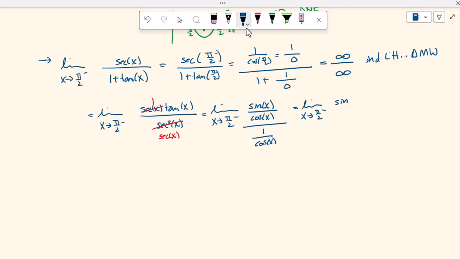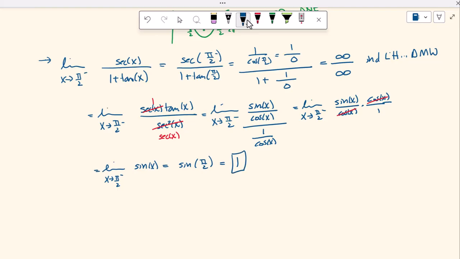So this is sine over cosine times cosine over 1. These cancel, and then I'm left with the limit as x approaches pi over 2 from the left of the sine of x. So I can plug that directly in. The sine of pi over 2 is going to be equal to 1.